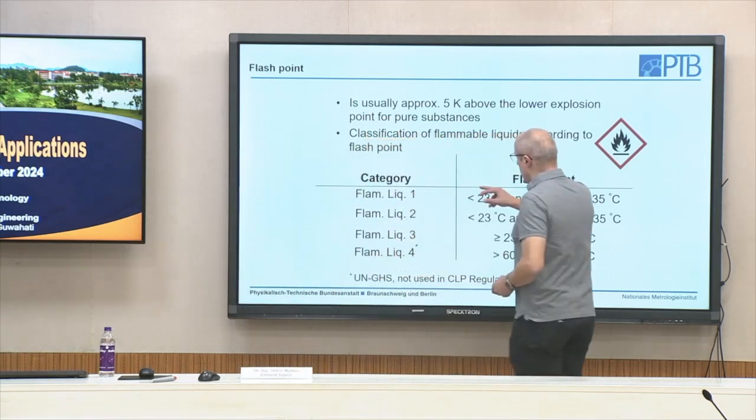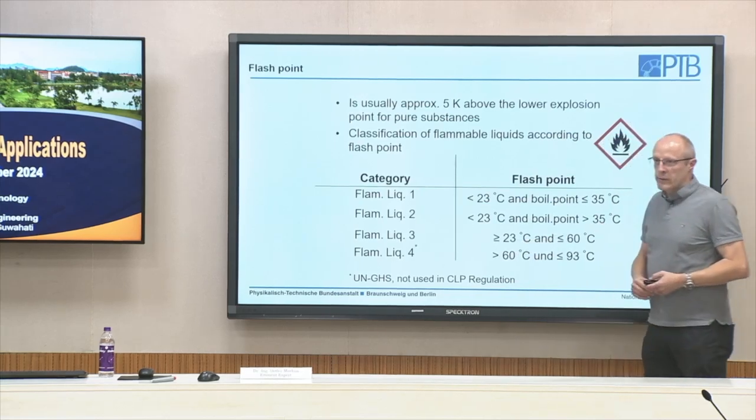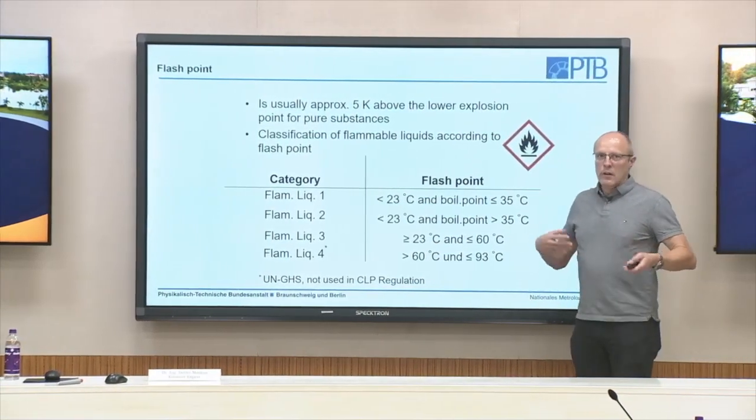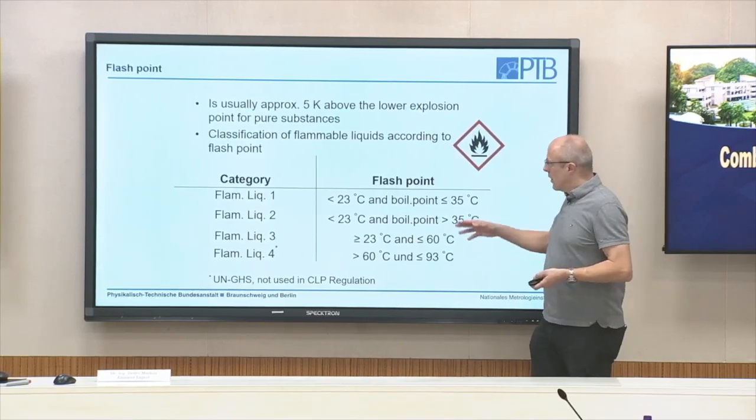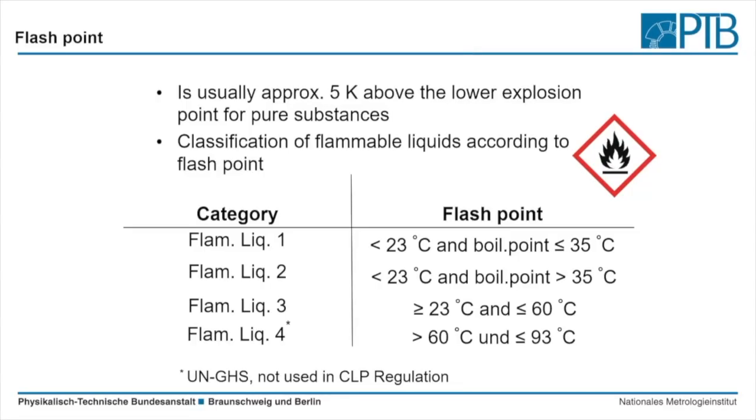And you see, if we have a flash point below 23 degrees Celsius, typical ambient atmosphere, at least in Europe, and a boiling point below 35 degrees, then this is a flammable liquid of category 1. So this is the most dangerous category.